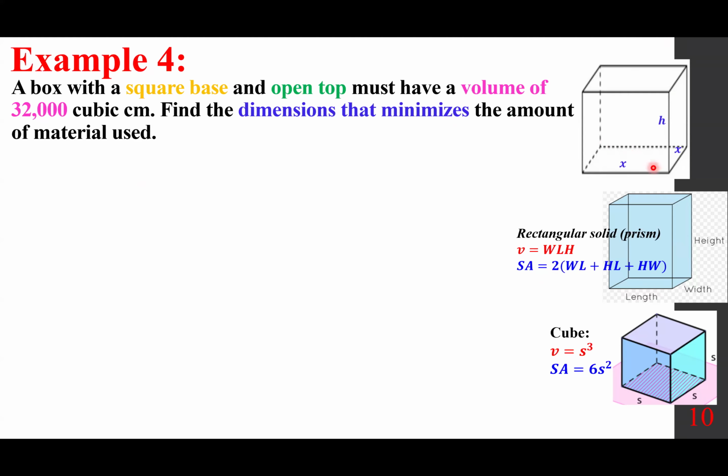First, the side facing us has the area of x times h. And because the base is a square, all four sides have the same area, x times h. So we have 4xh.